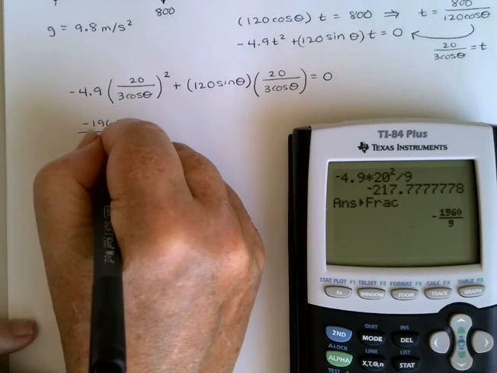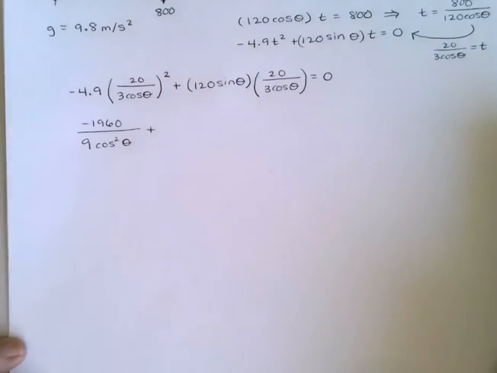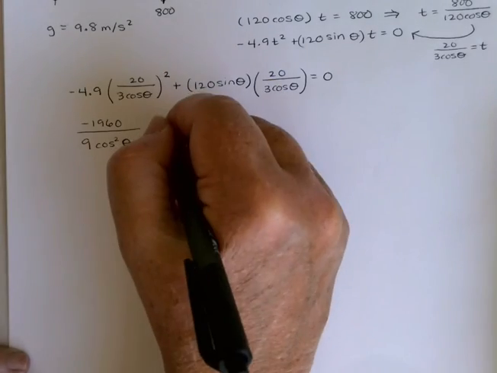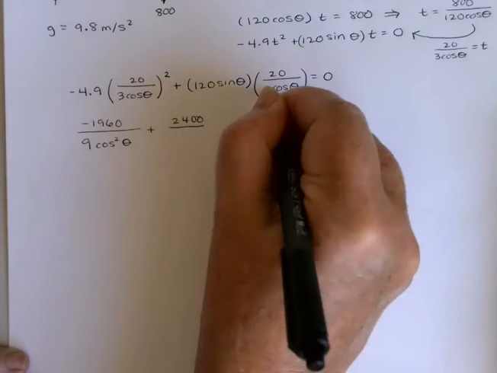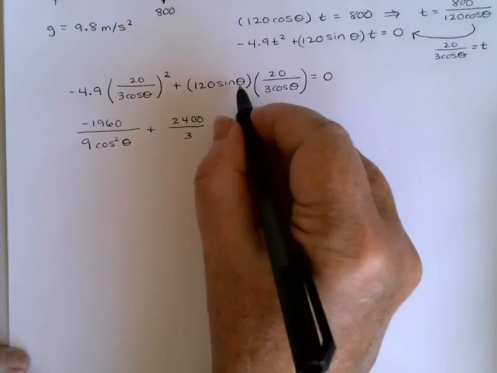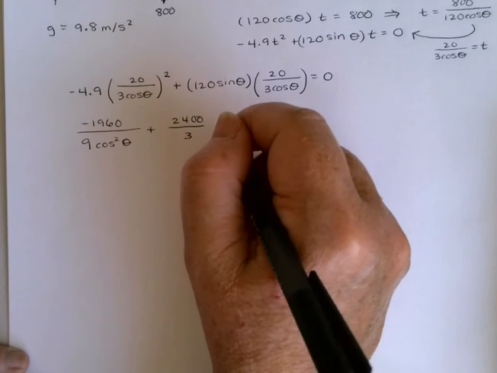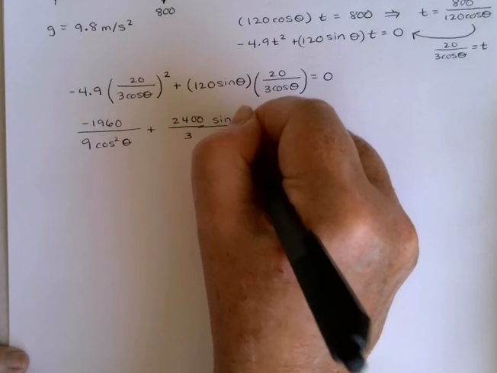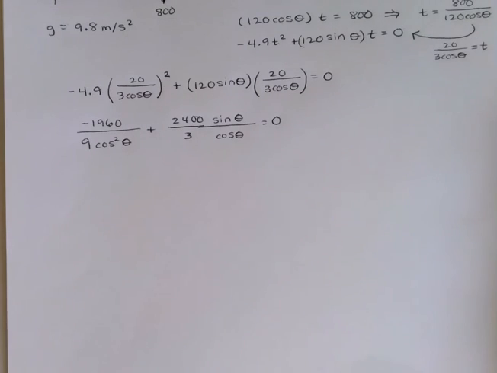Cos squared theta on the bottom. Plus 120 times 20 would give me 2400 over 3. And that would be sine theta over cos theta. And I think I'm actually going to leave it that way for now. I was thinking about writing tangent theta, but I think I'll leave it like that because I'd actually like to clear fractions in the next step.